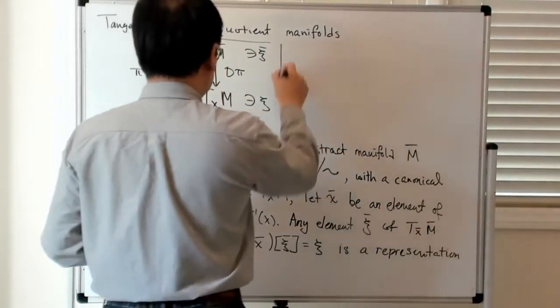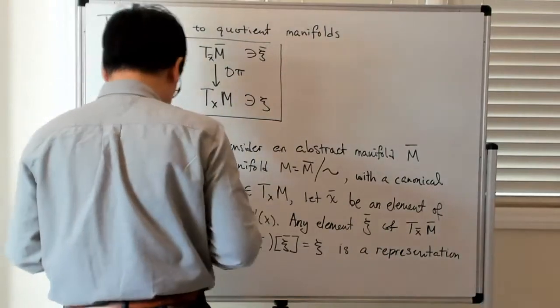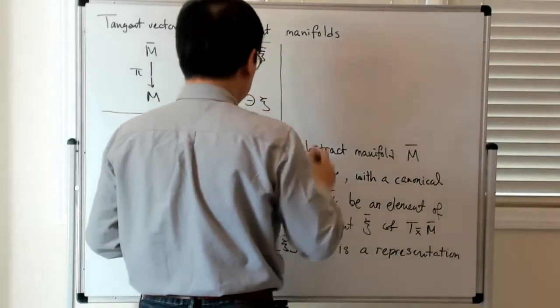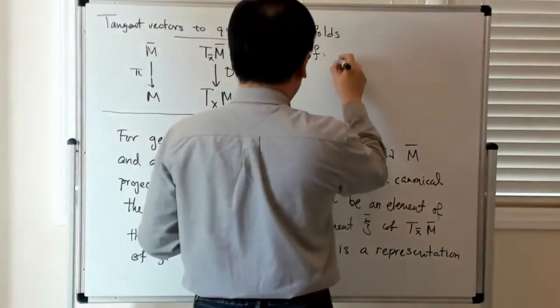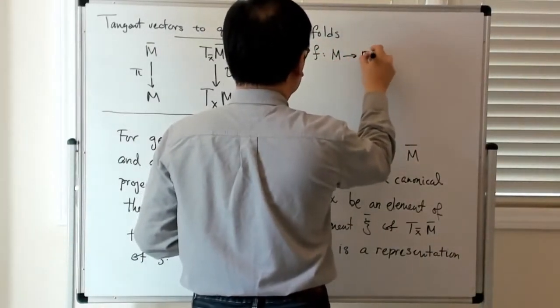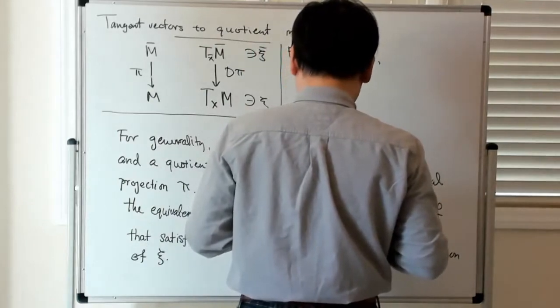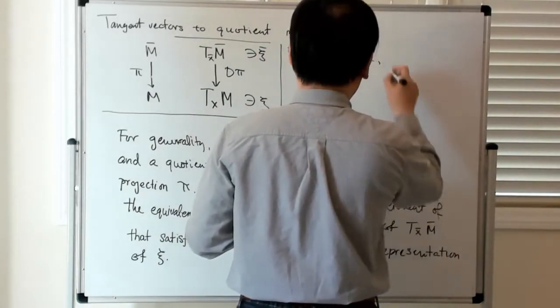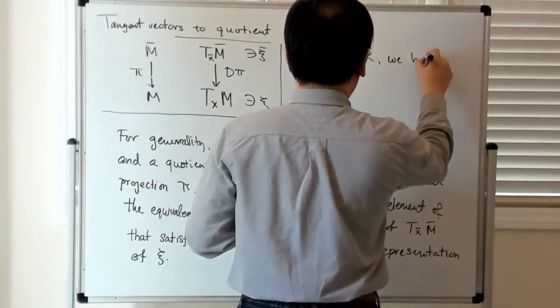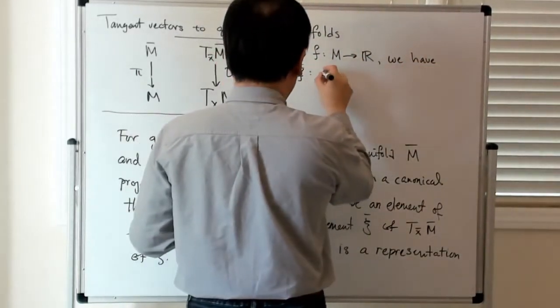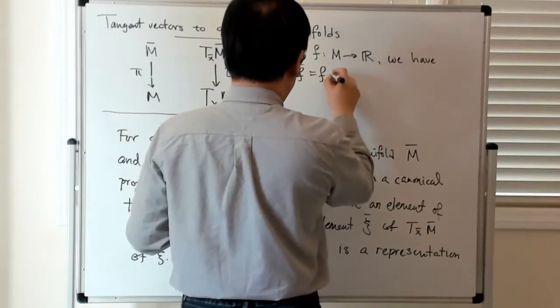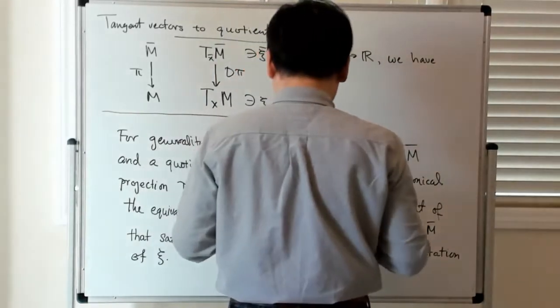So let me keep this picture in mind. Okay, so f is a map from, say, the manifold to the reals, right? We have a function f bar, which is just f composed with the projection map, right?